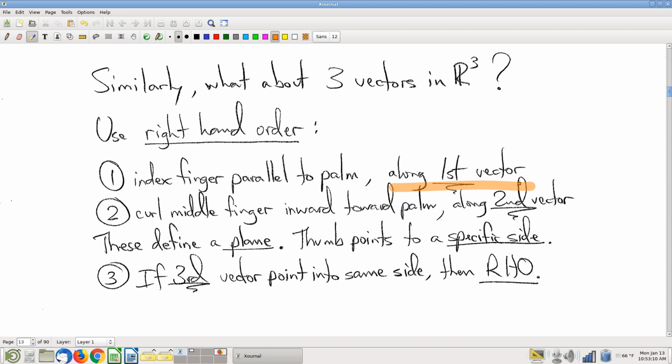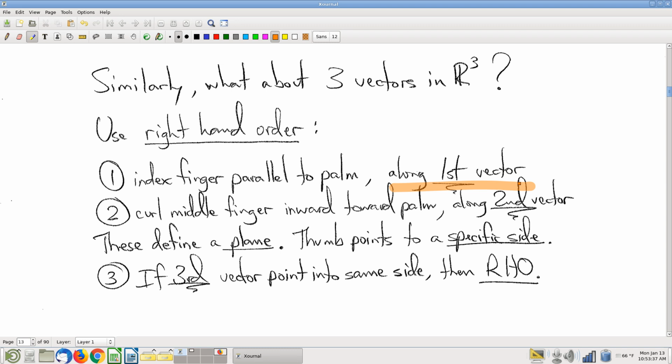At this moment, I don't care what you do with the rest of your hand, as long as that index finger is pointing along the first vector. There are lots of different things you can do with your palm. That said, orient your palm now in whatever way is necessary to get your middle finger to bend toward and point in the direction of the second vector.